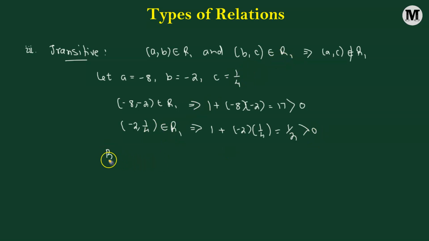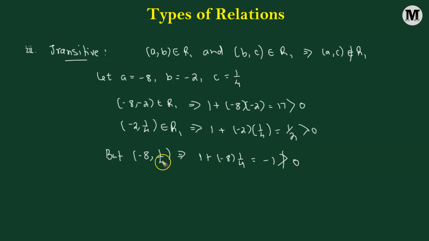However, if we take the ordered pair (A, C), that means we take (-8, 1/4). This simply means that we have 1 plus -8 multiplied by 1/4. This gives us -1, and -1 is not greater than 0.